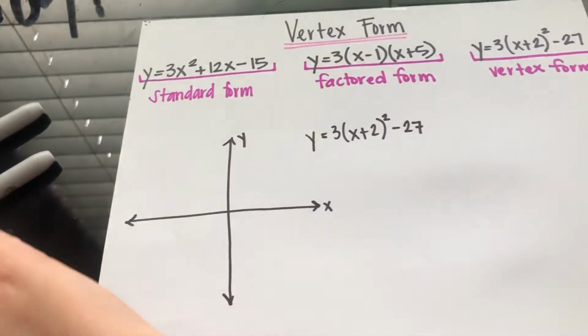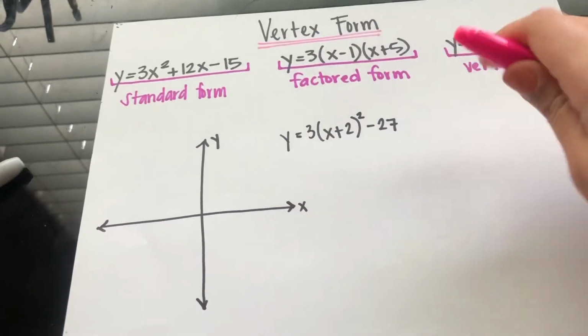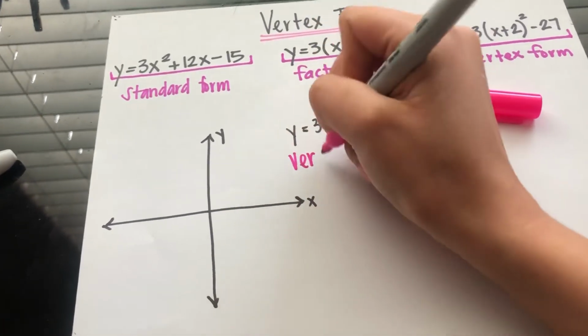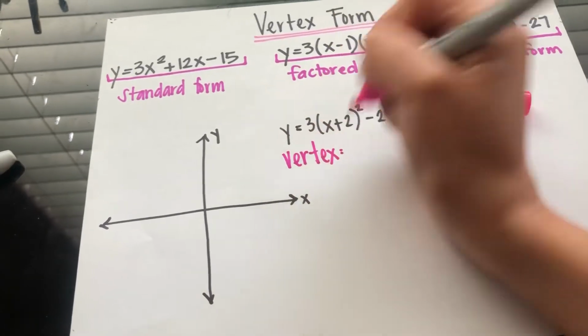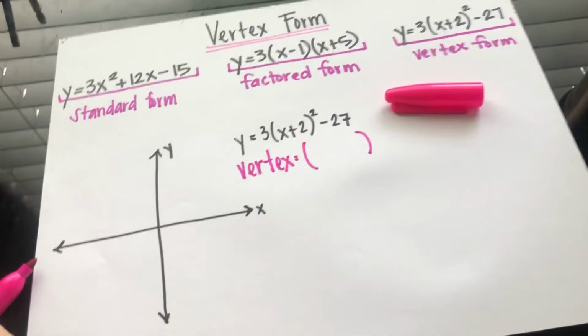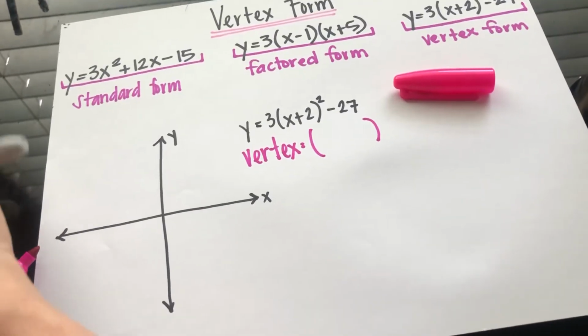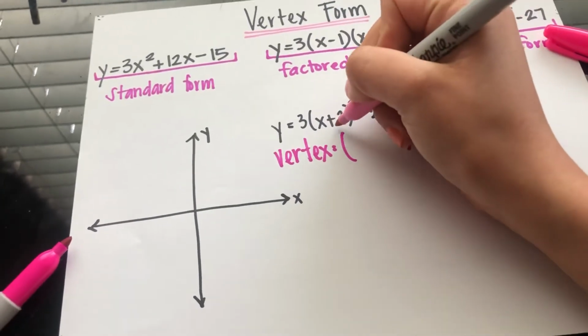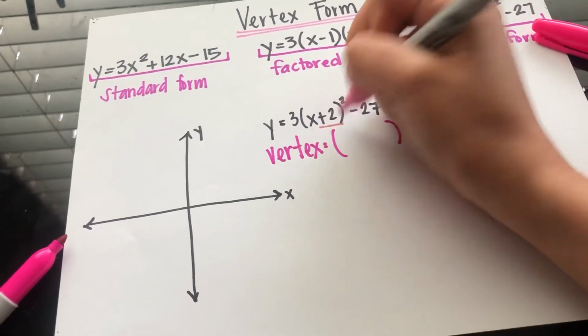So for this equation that we have right here, the vertex would be, for my x value, the x value of my vertex will be whatever I have inside the parentheses. So I have a plus 2.